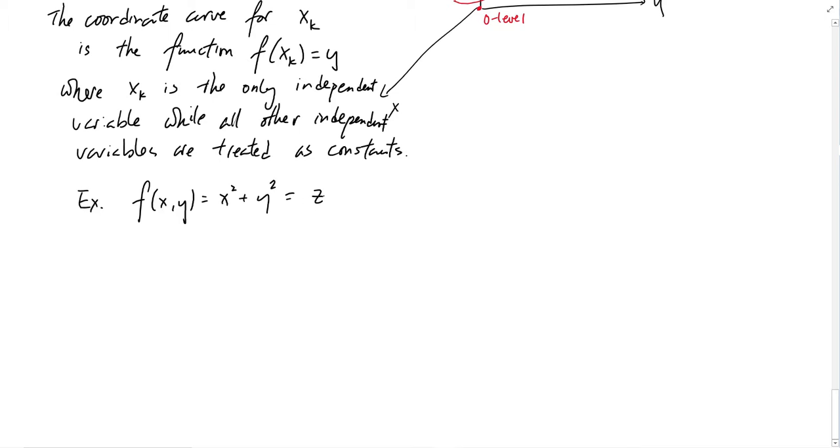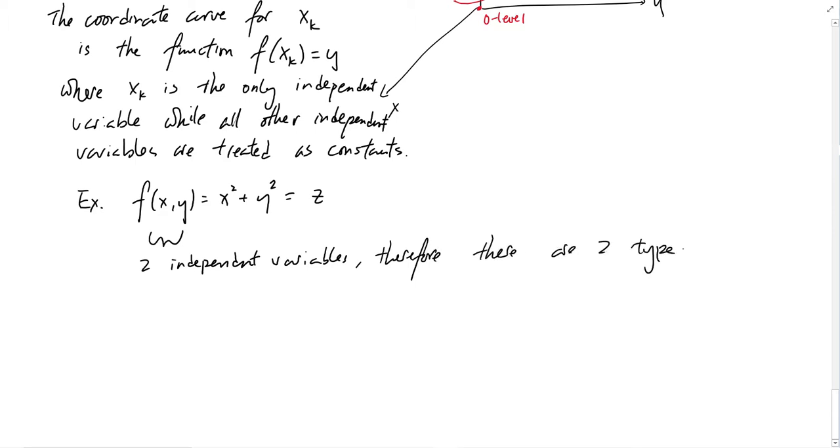In this case, there are two independent variables. Therefore, there are two types of coordinate curve, one for x, one for y. z remains the output. That's the key.